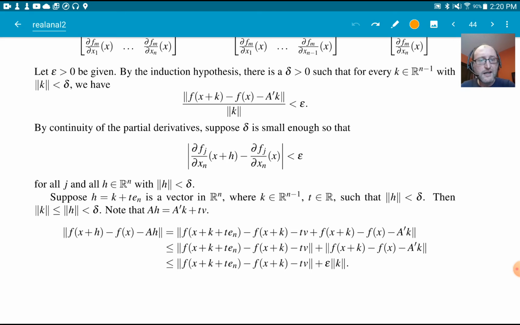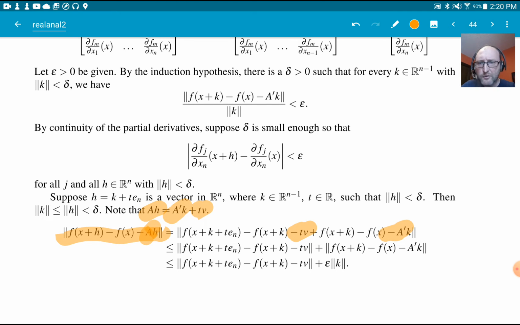So I look at the numerator of the expression that I want to go to 0. I take this expression and write it in terms of the k and the t and all that. And I add and subtract something. I have this ah is this plus this, so I'm going to subtract the a prime k here, and I'm going to subtract the tv here.